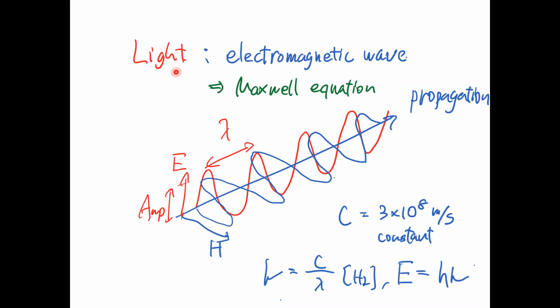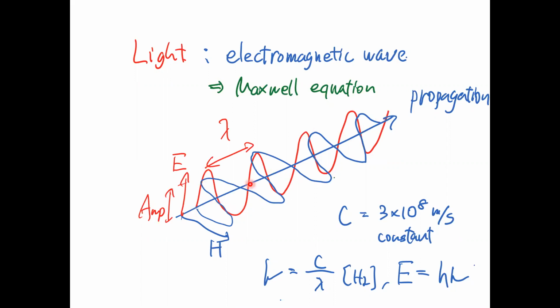Light has another name. It's called electromagnetic wave, right? Because, for example, light is propagating in this direction, and electromagnetic wave, meaning light, is basically the oscillating electric field.